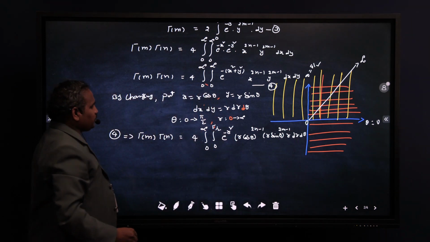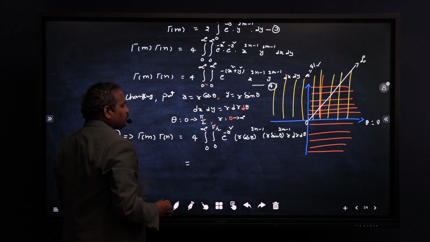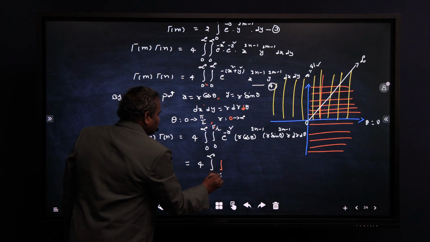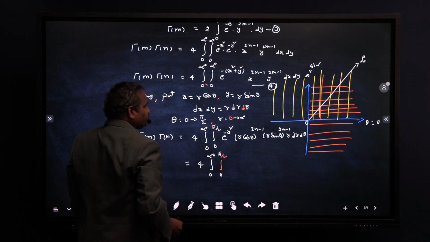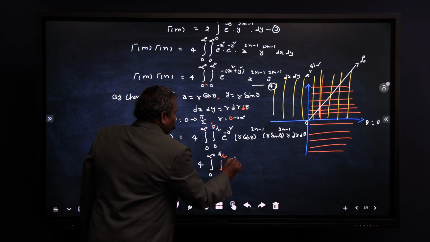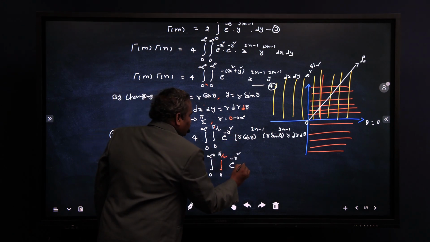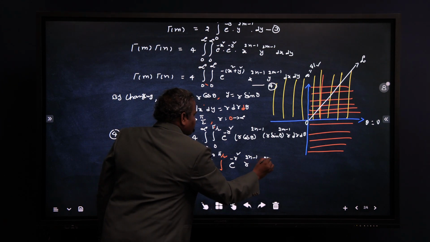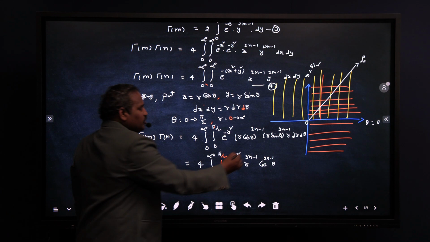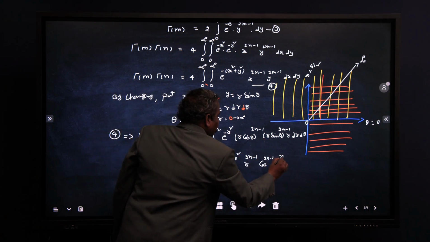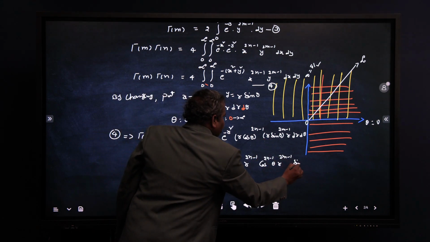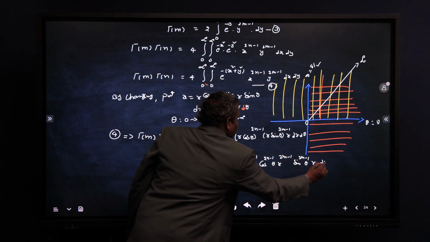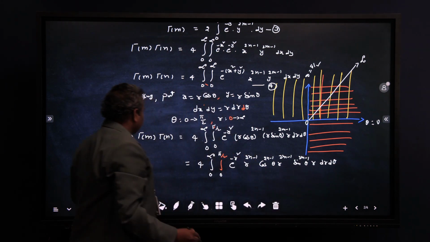Now simplify this. This is equal to 4 into integral 0 to infinity, 0 to pi by 2, e power minus r square, r power 2n minus 1, cos power 2n minus 1 theta, r power 2m minus 1, sin power 2m minus 1 theta, remaining r dr d theta.